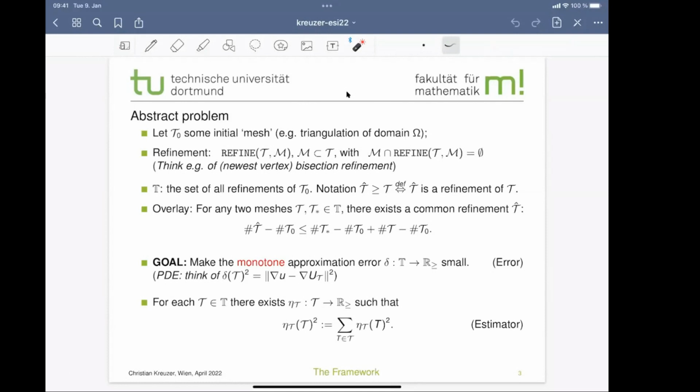So we have some initial triangulation T0, so that is, you may think about just a standard PDE setting. We have some initial mesh of, say, some domain omega, for example.